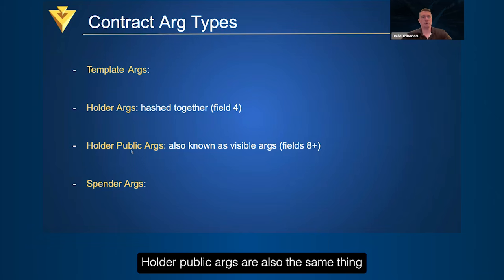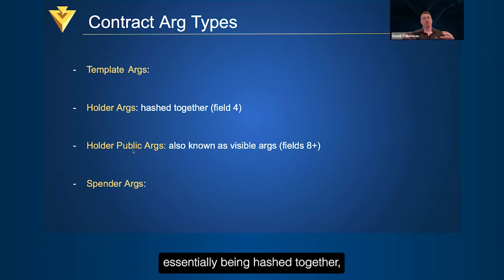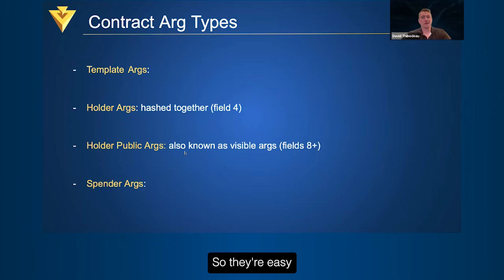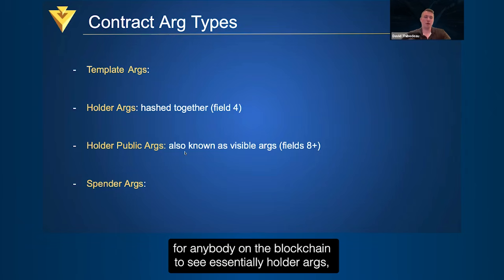Holder public args are also the same thing, except instead of those contract args essentially being hashed together, they are in individual fields within the template script of the transaction. So they're easy for anybody on the blockchain to see.